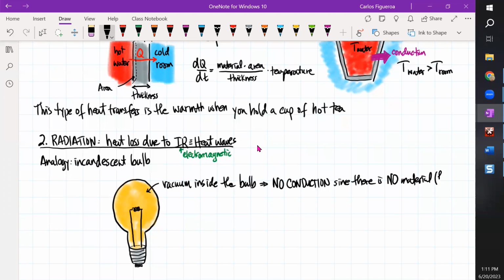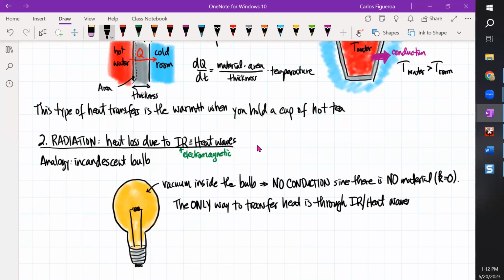As a consequence, that thermal conductivity value is exactly 0. So the only way to transfer heat is through infrared heat waves.